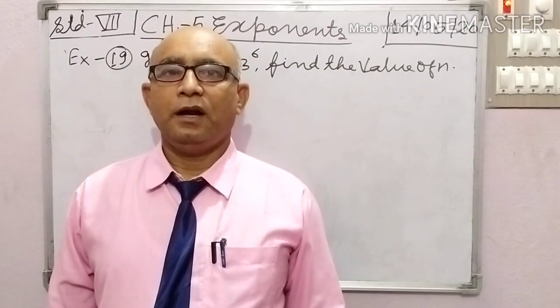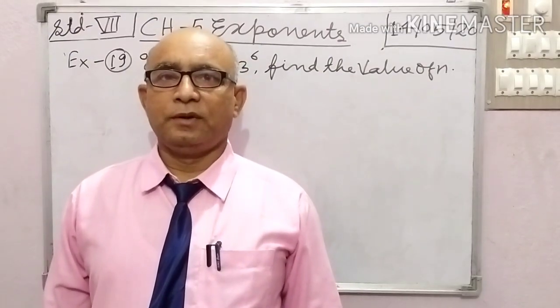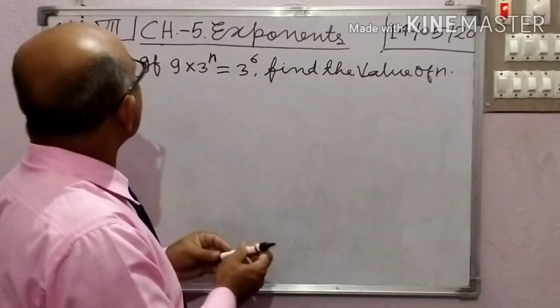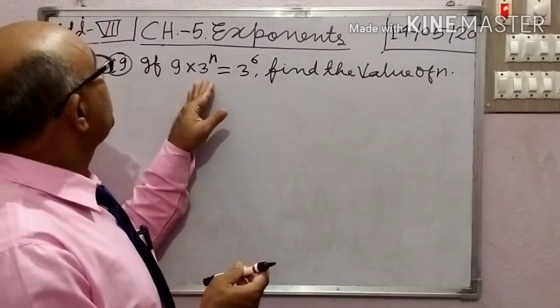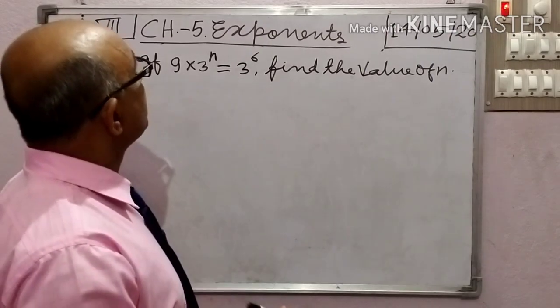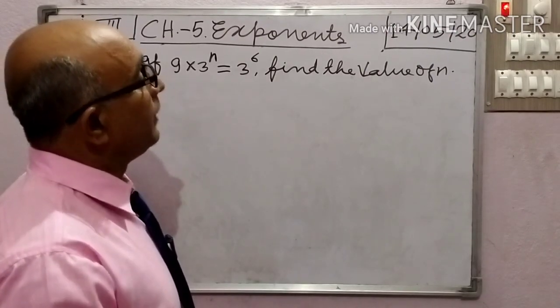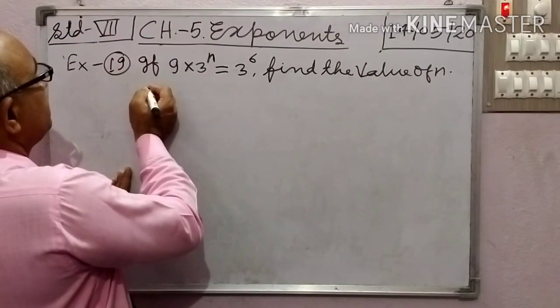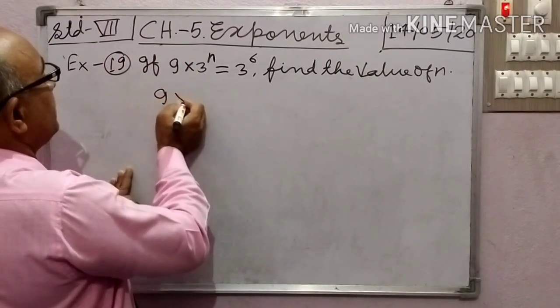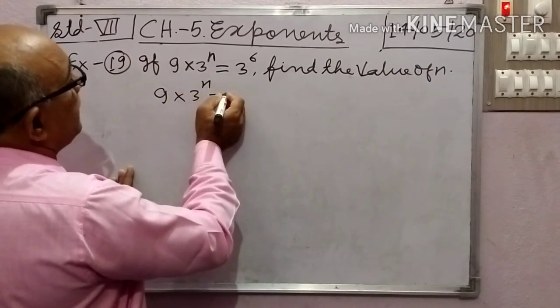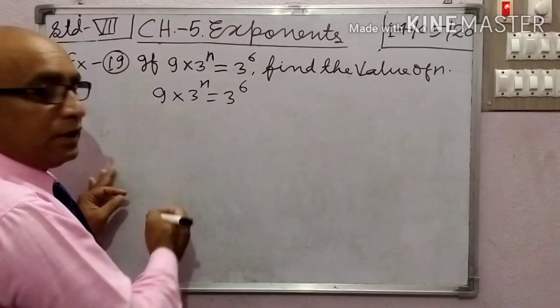Write it. Students, question number 19, write on this board. If 9 into 3 to the power n equals 3 to the power 6, find the value of n. So given, 9 into 3 to the power n equals 3 to the power 6.